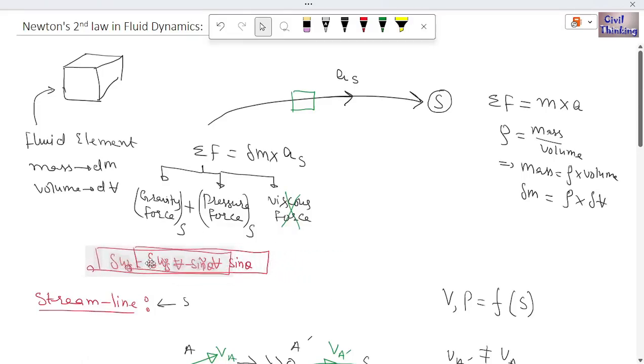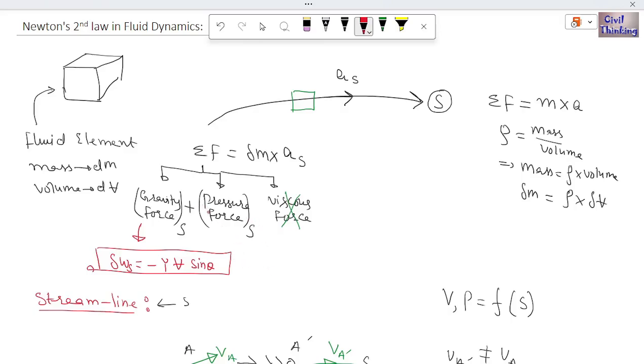So we got this gravity force. Now we will find the pressure force along the streamline, and then we will sum them up and see what we get. Remember, when we solve everything, we will get something very interesting and very important in fluid dynamics.